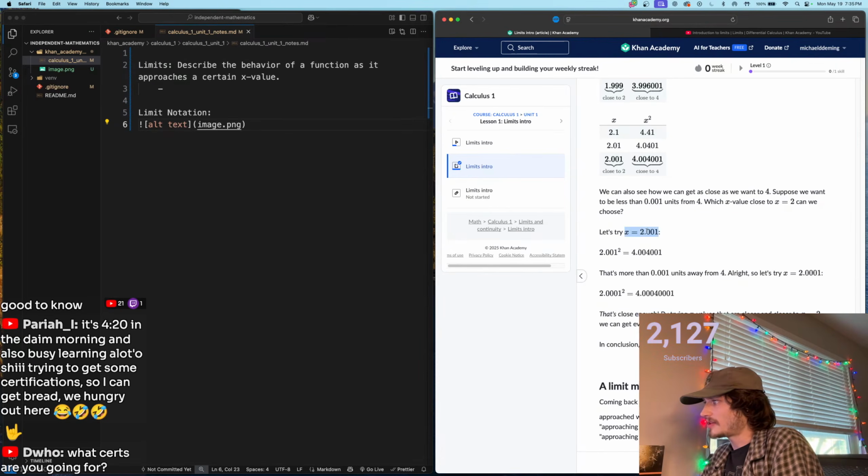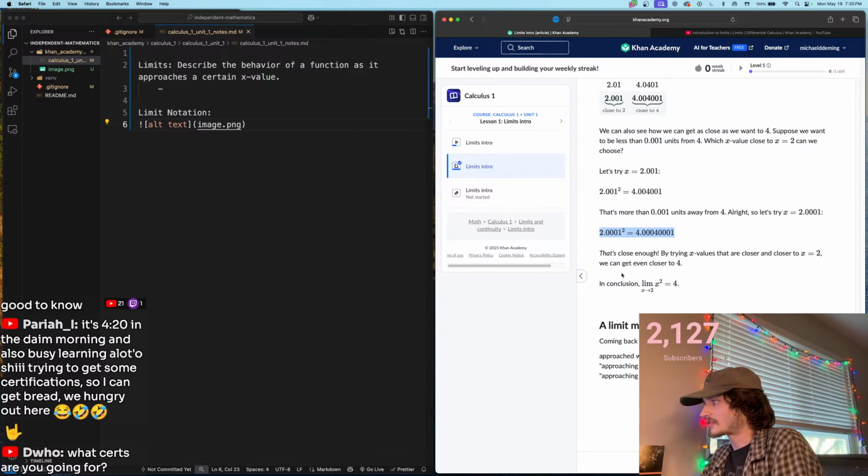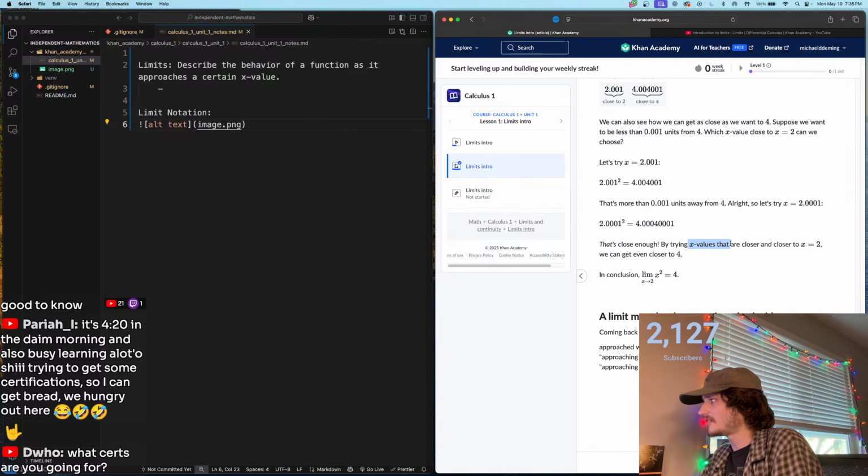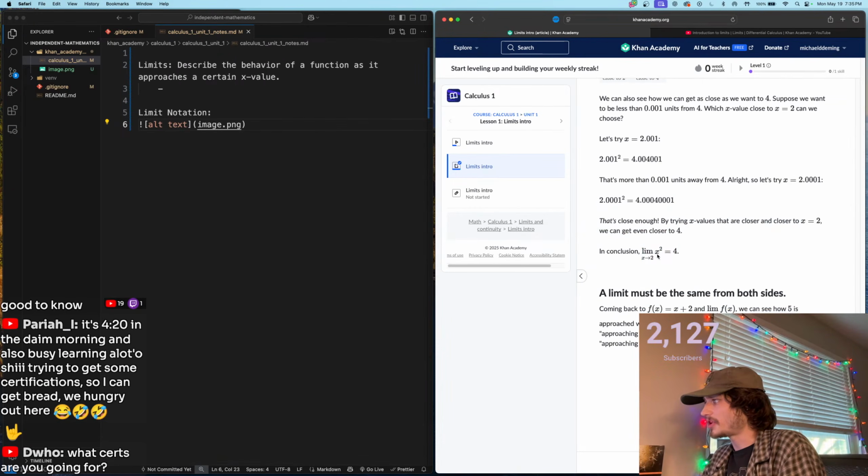Let's try this value here. Where we square it, we get this. That's more than this unit away from 4. All right, let's try this. Here, that's close enough, but by trying x values that are closer and closer to x equals 2, we can get even closer and closer to 4. In conclusion, the limit of x squared as x approaches 2 is equal to 4.